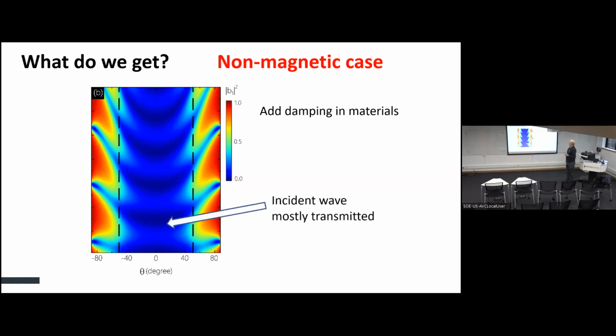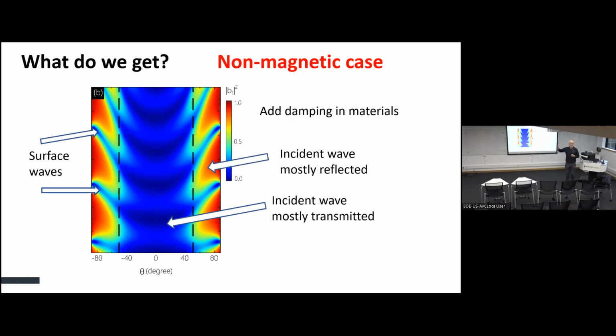So you can see blue, again, mostly transmitted, red, mostly reflected. And these are where that thing couples to surface waves and sucks energy out of the reflected wave. It has to go somewhere. The y-axis is still frequency. So this is 0 gigahertz, and this was 350 gigahertz.